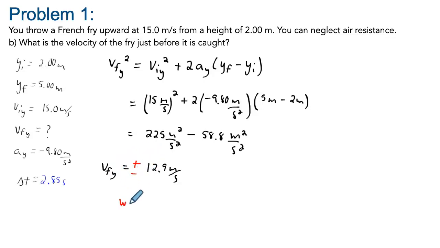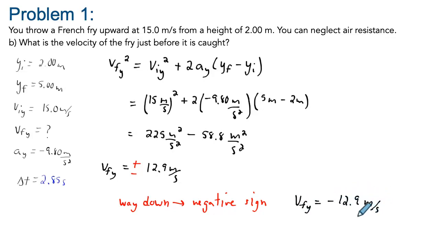And because we know that in this case it's on the way down, we know that we have to take the negative sign. So when we write our final answer in here, it will just state that the V final on the y-axis is just equal to minus 12.9 meters per second. Okay, don't forget that sign.